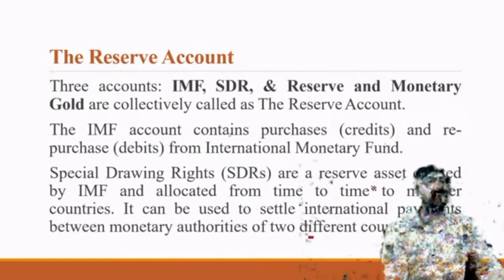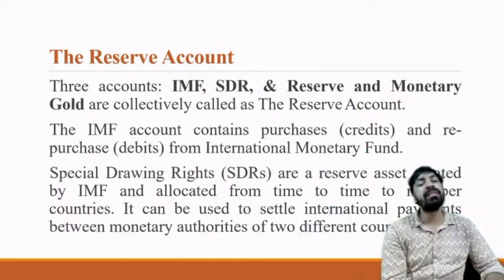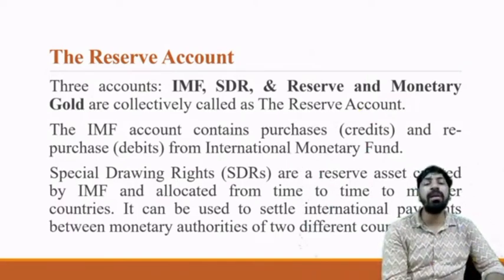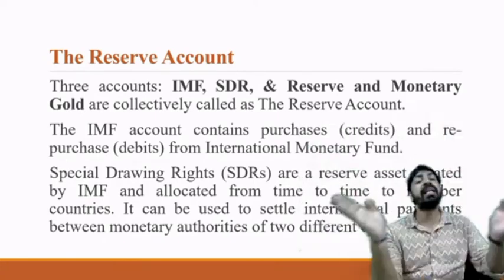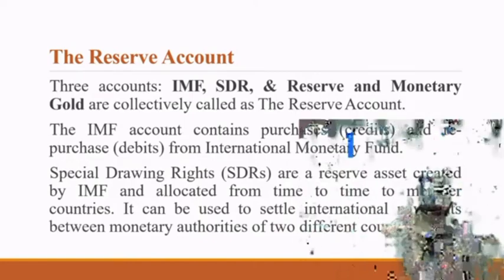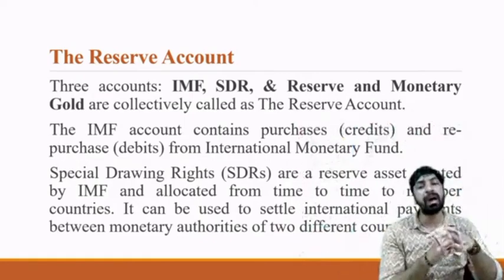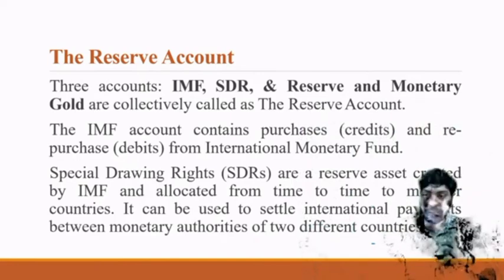The reserve account is the third category of account. The reserve account is also called the three accounts. If these three accounts are collectively used, that account is called the reserve account. The first one is the International Monetary Fund.